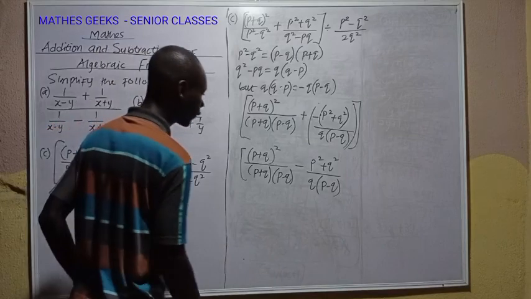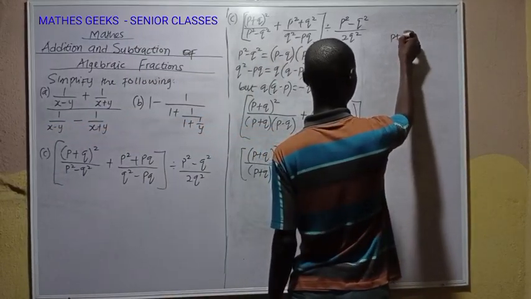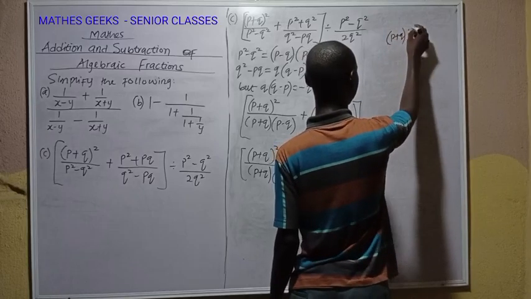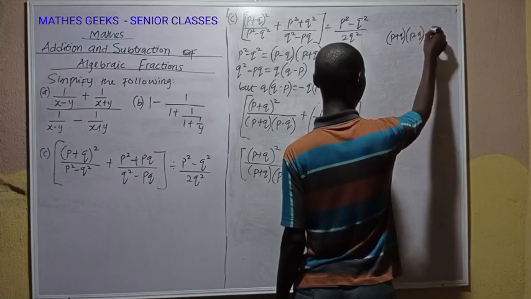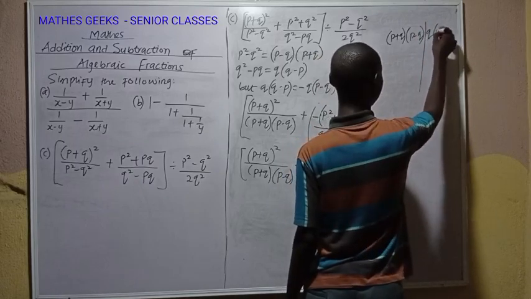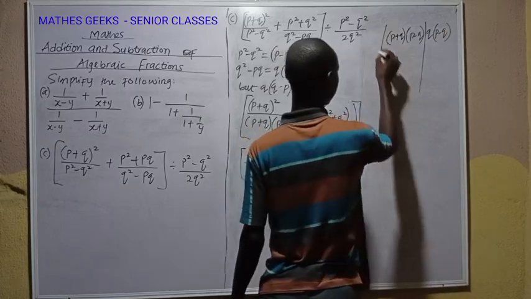Okay, so let's get our LCM. We have p plus q, p minus q on this side, and q, p minus q on the other.